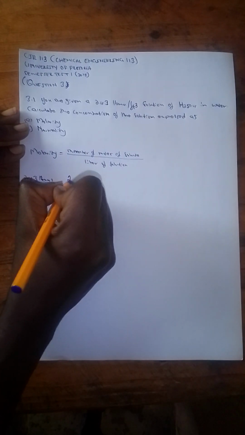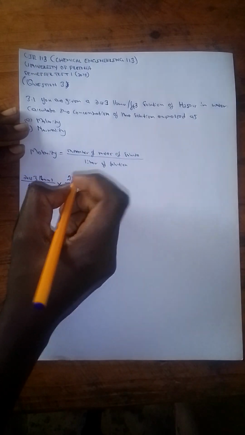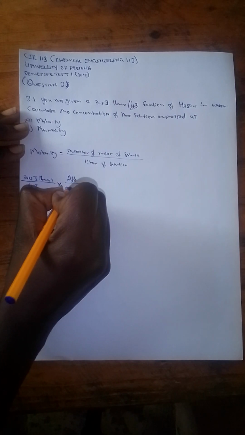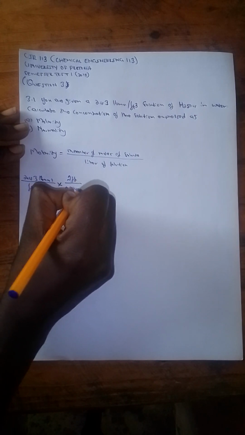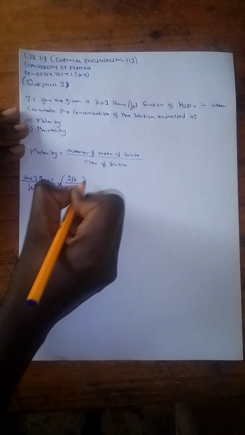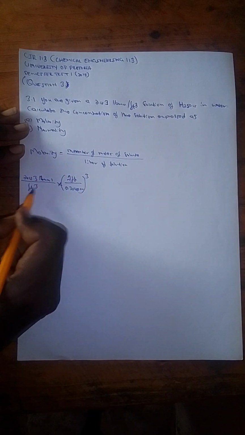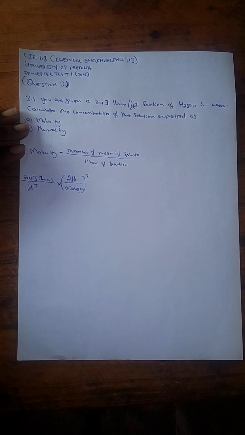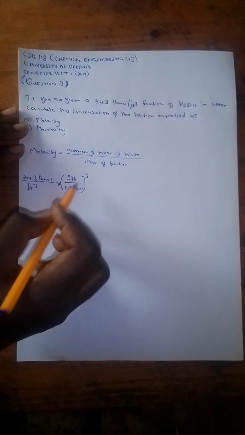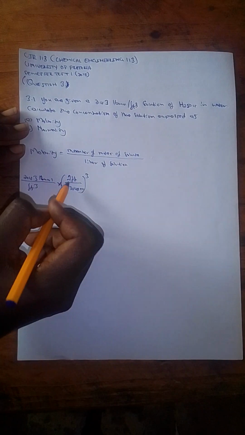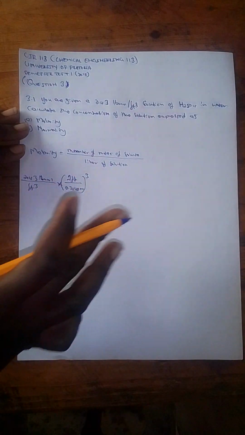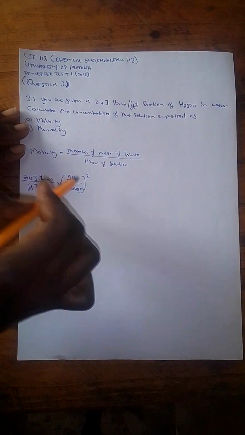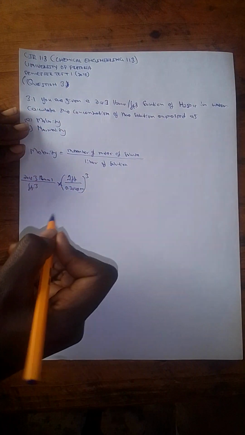We know that 1 foot is equal to 0.3048 meters, and we cube that so that we have feet cubed here and meters cubed there. From our high school background of mathematics, we know that cubing this doesn't really affect the answer, because this is 1, so even when you cube it, it's still 1.